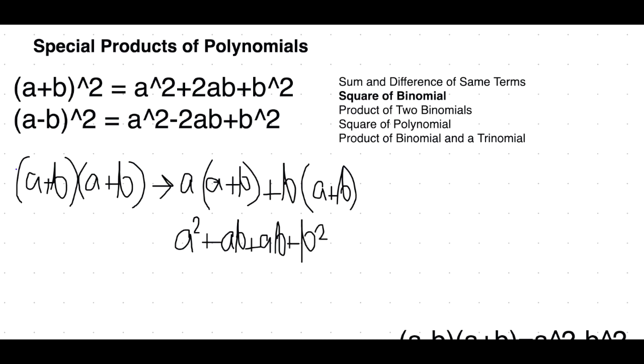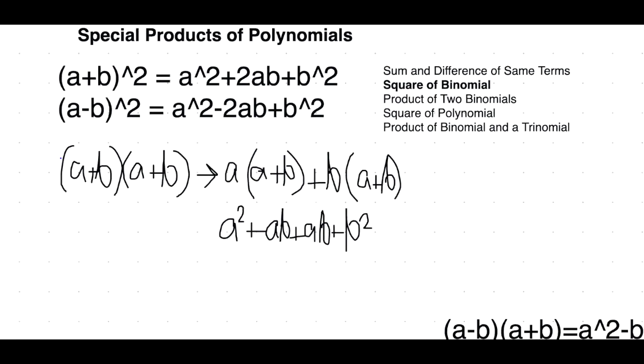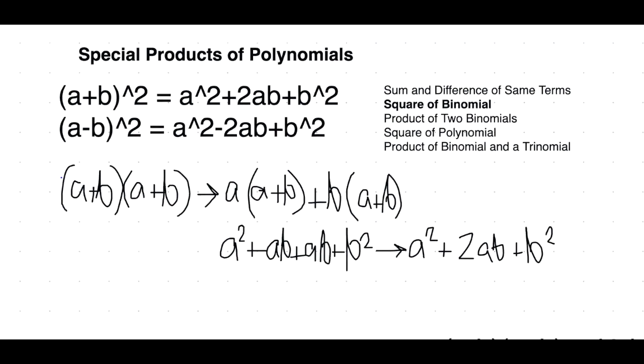And so we see that AB and AB are like terms, so we can rewrite this as a squared plus 2ab. And there we go. That shows how a plus b squared, when multiplied out, is equal to the given special product of a squared plus 2ab plus b squared.